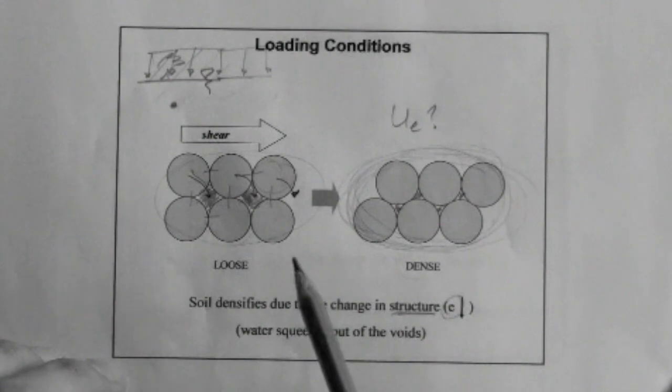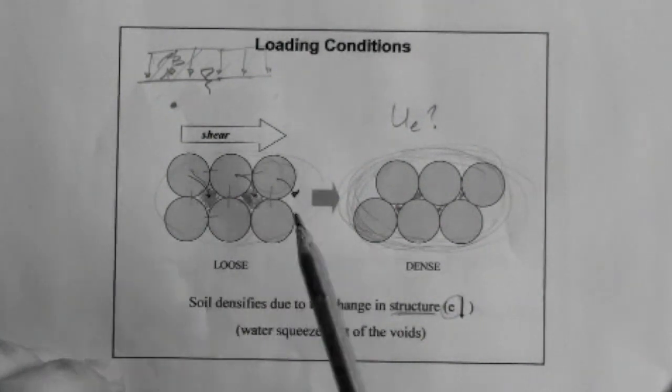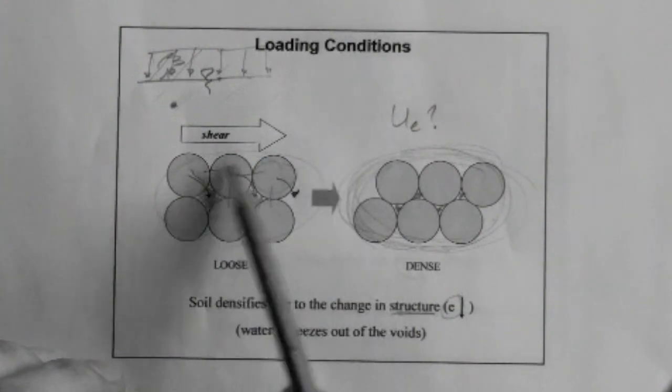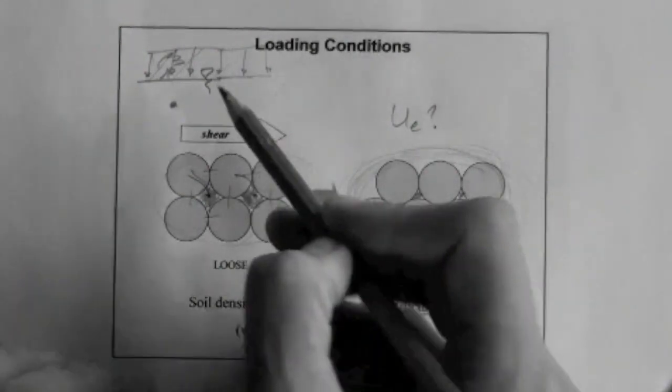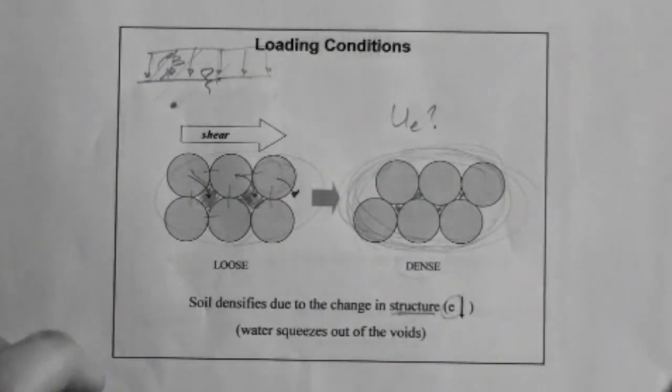Okay, now, what causes the water to flow? Well, the additional pressure that is imposed by the loading. So when the loading is imposed, the water in the pores carries the load. Okay, and that's key.